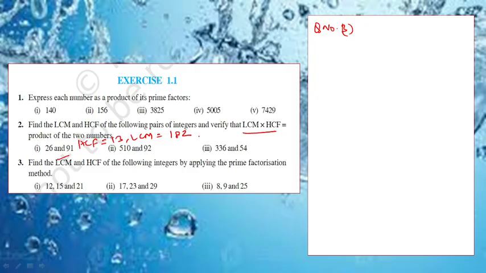If we multiply LCM into HCF, that is 13 into 182.